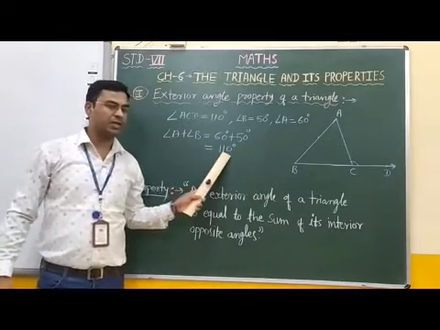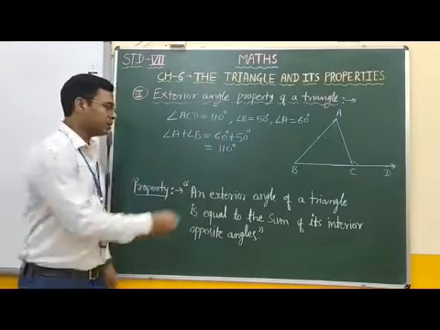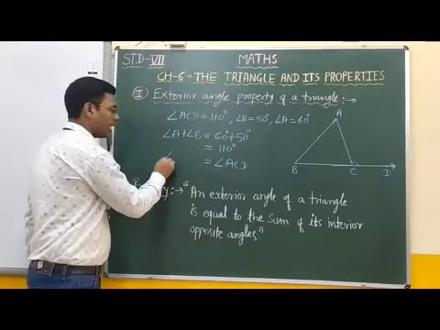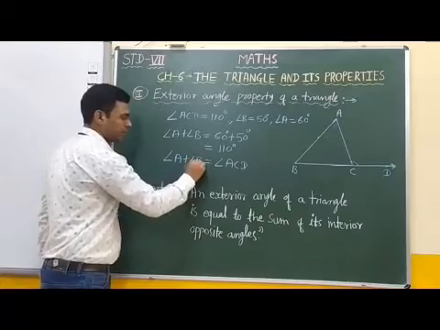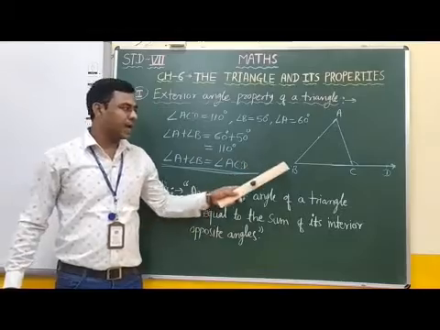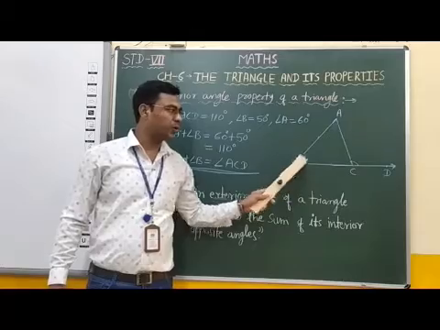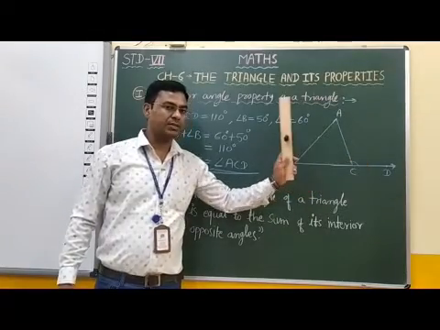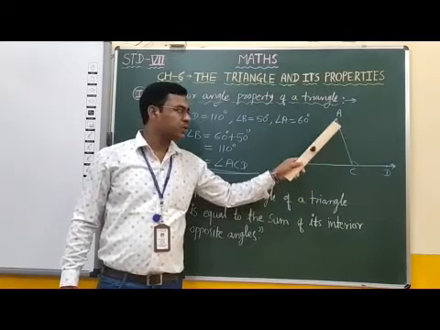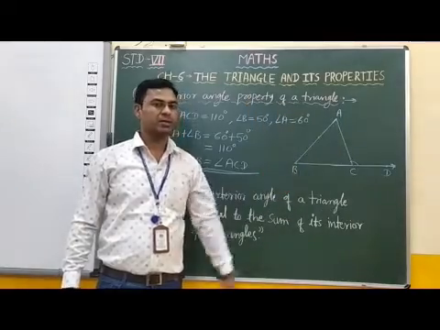And this addition is equal to the measure of the exterior angle, which is angle ACD, angle A plus angle B. Therefore, we can say that the addition of these interior opposite angles is equal to the exterior angle, or the measure of the exterior angle is equal to the sum of the measures of the interior opposite angles.